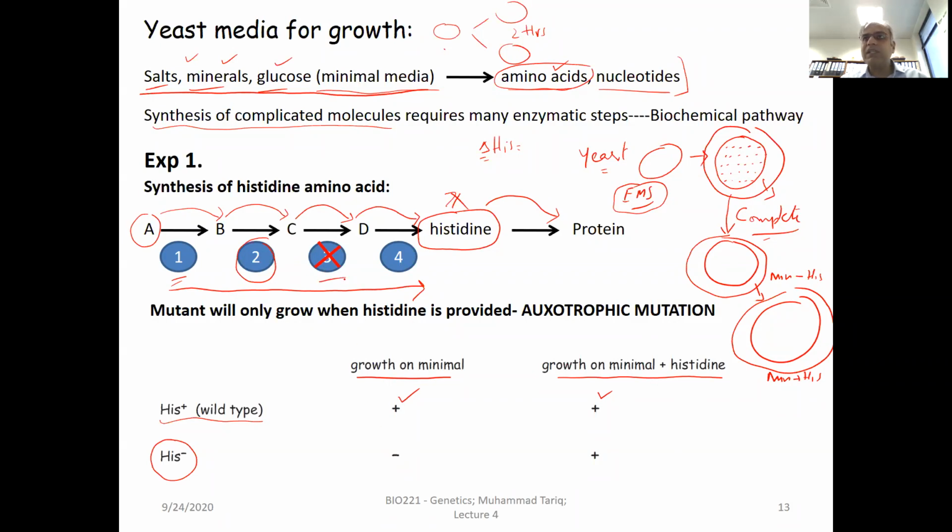We don't know yet which gene, but hypothetically speaking, if there is a defect in synthesis of histidine, on the minimal media minus his we will not see growth, but it will grow in this media, which is minimal plus.